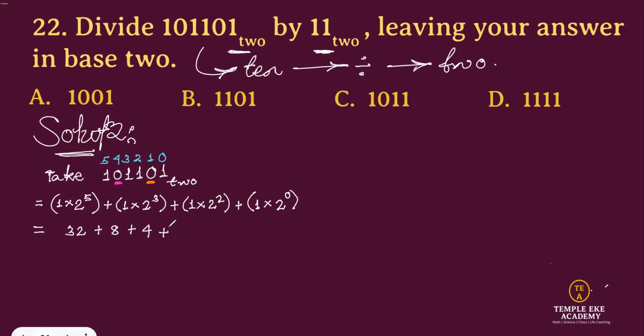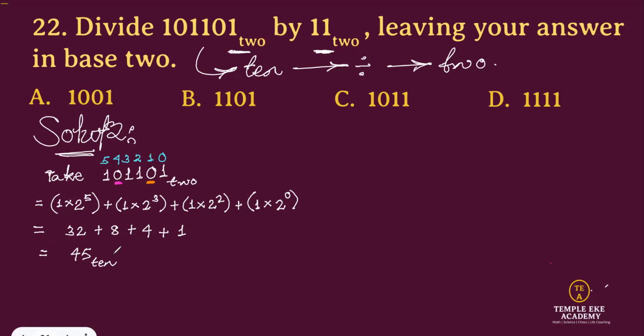And finally, 2 to the power 0: any number raised to the power 0 equals 1 according to the law of indices. 1 times 1 gives us 1. By adding these values, we have 32 plus 8 gives 40, plus 4 is 44, plus 1 is 45. So this number is actually 45 in base 10.